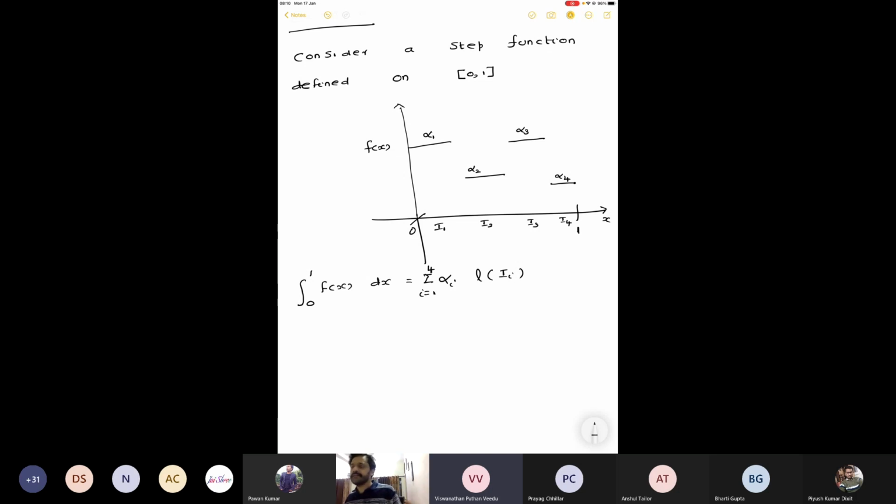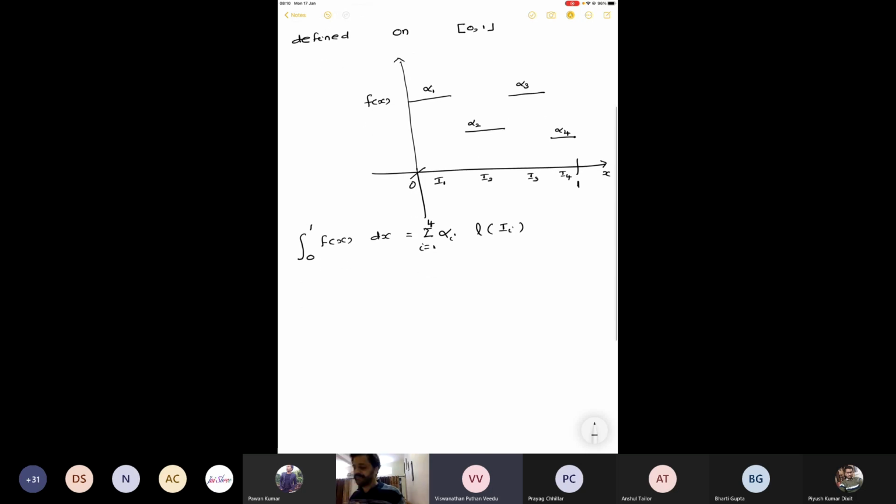What Lebesgue did is the following. You consider the range set, the values taken by the function. In this particular example, the function takes only 4 distinct values, namely alpha 1, alpha 2, alpha 3, and alpha 4. And looking at the range, you divide the domain.